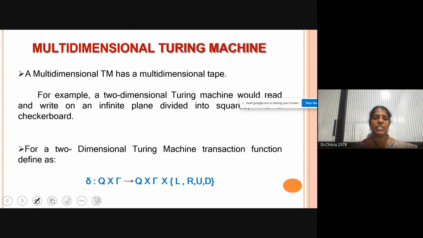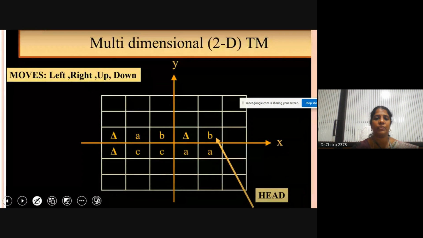But in the multi-dimensional Turing machine, only one tape is there, divided into multiple tracks and dimensions. The only difference is that the head may move left, right, up, or down. Four directions are there for the multi-dimensional. The head movement may be up, down, right, or left based on the given position.